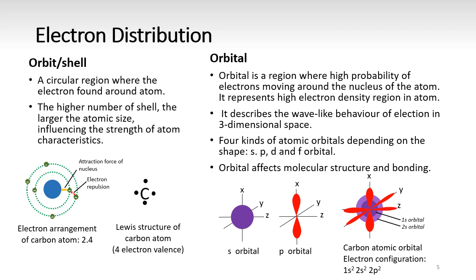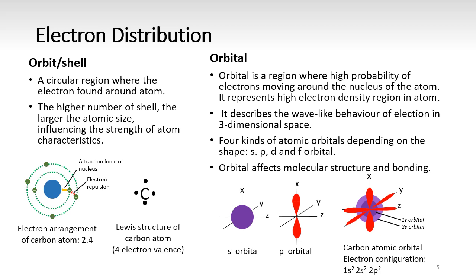Apart from electron arrangement, electron configuration describes how the electron moves in each orbital of atom. The electron configuration of carbon atom is 1s2, 2s2, 2p2. It means that the first 2 electrons locate in the s orbital of first shell.